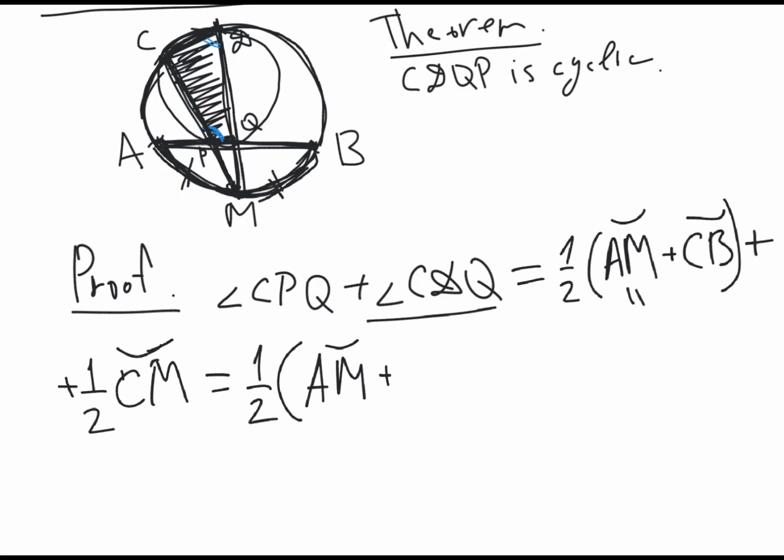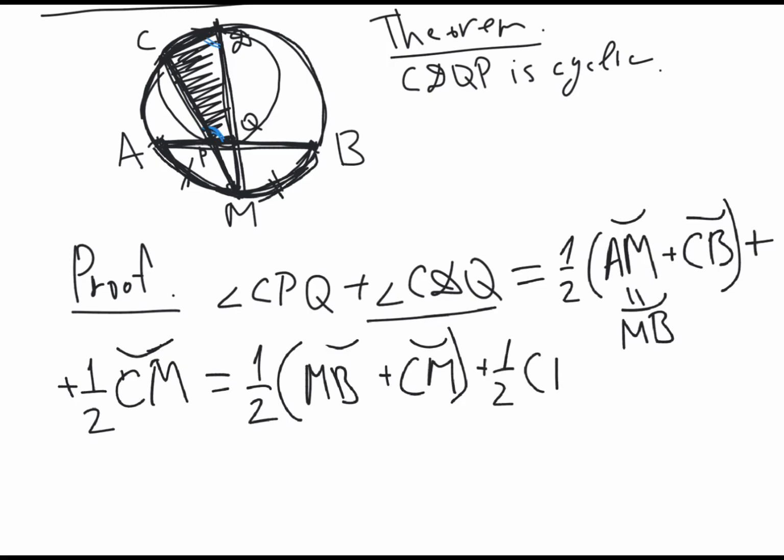So we replace it with MB, and we group it differently, so MB plus CM, and plus 1/2 of CB. So CB, we leave it as it is.